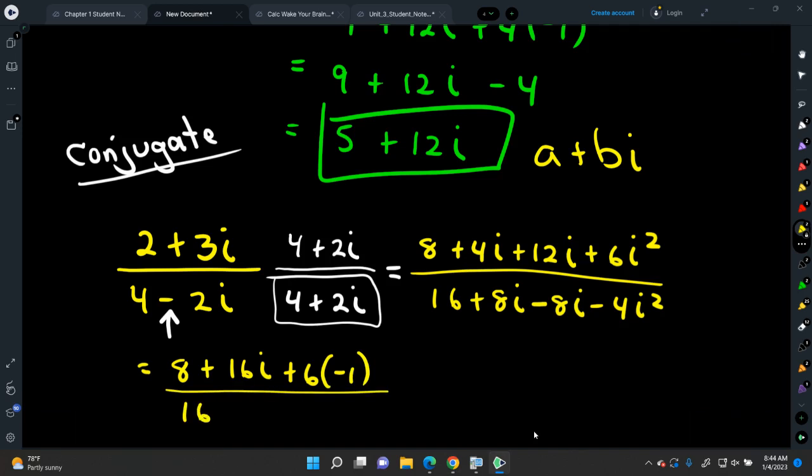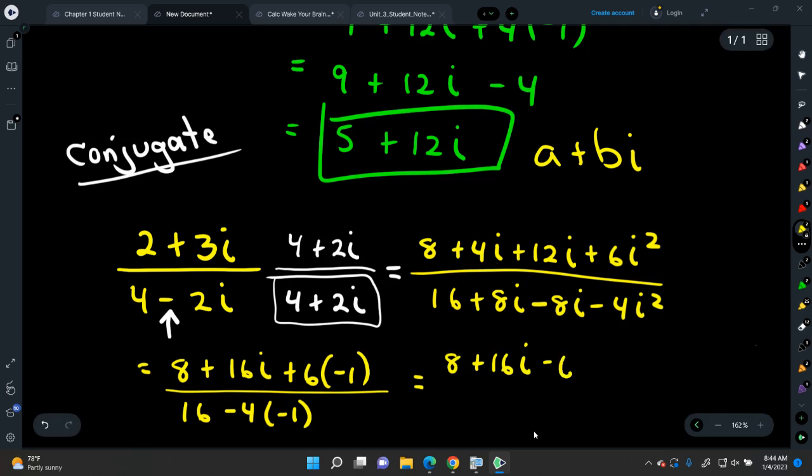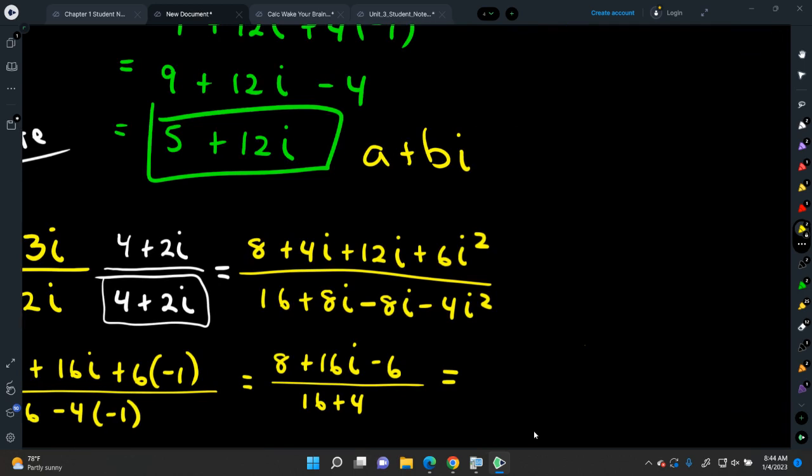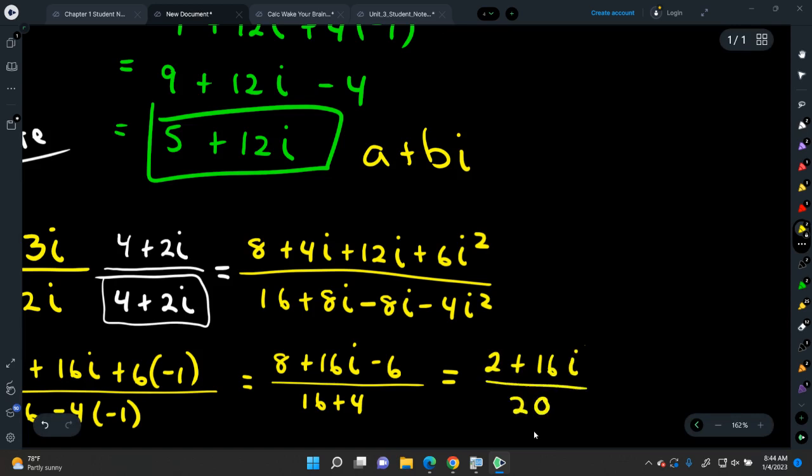Okay, now the 8i's are going to cancel, so minus 4 times negative 1. Okay, I have 8 plus 16i minus 6 over 16 plus 4. That gives me 2 plus 16i over 20.